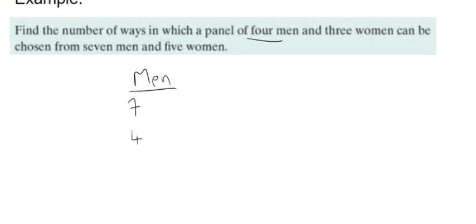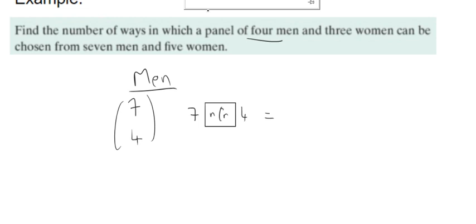So it's 7 choose 4. It's written like that, or 7, the nCr button on the calculator, and 4. Then you put that in the calculator. That tells us the men, and that's 35.